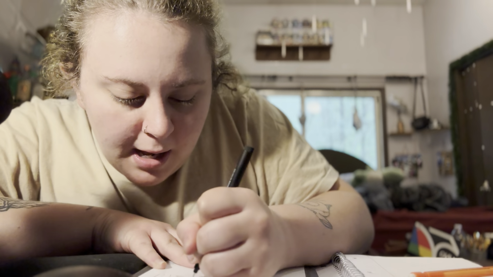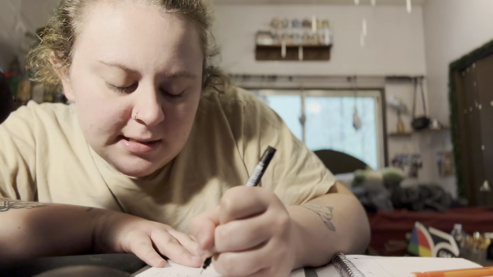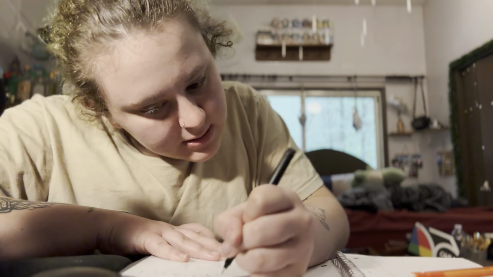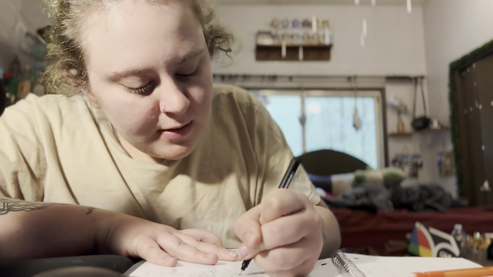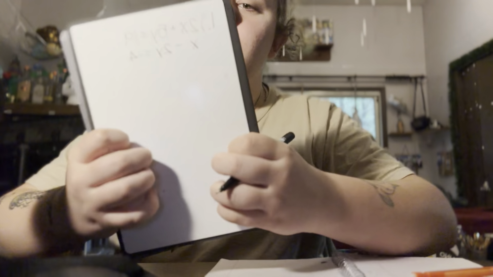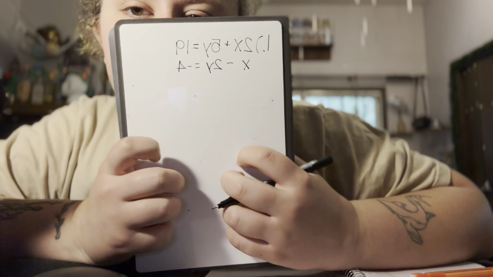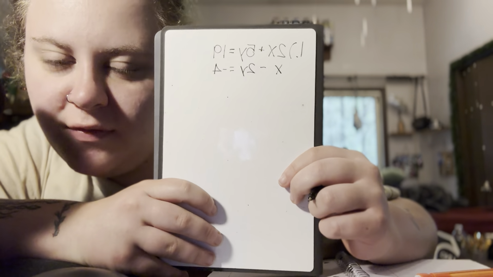It is 2x plus 5y equals 19, and x minus 2y equals negative 4. Okay, so do you have any idea how to solve this first?